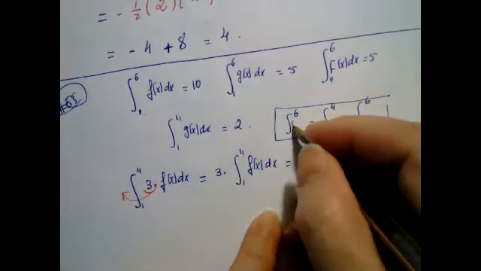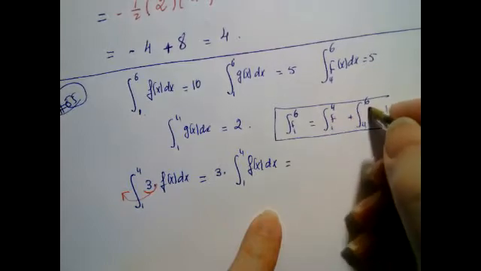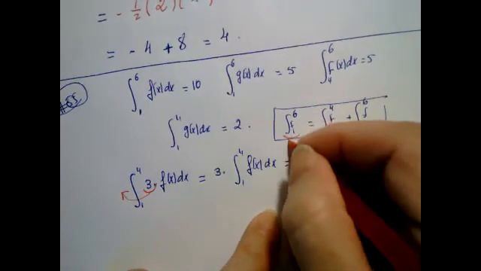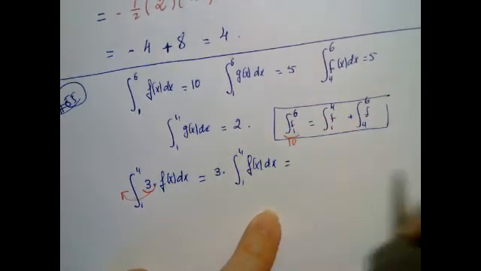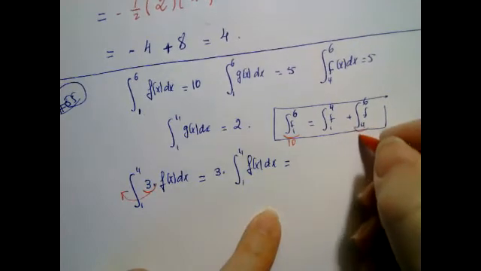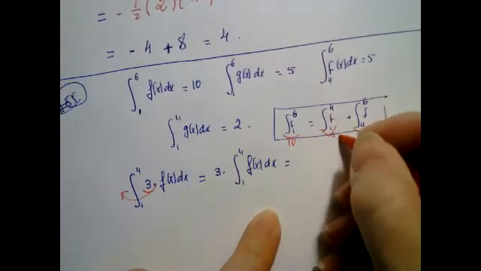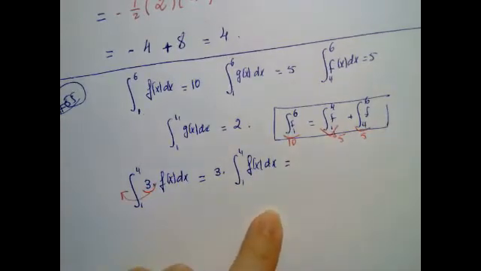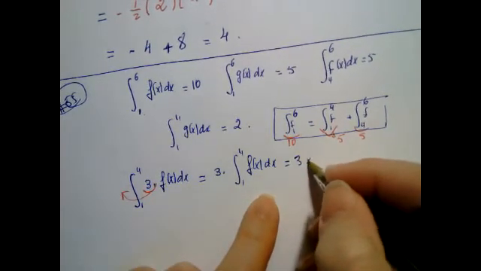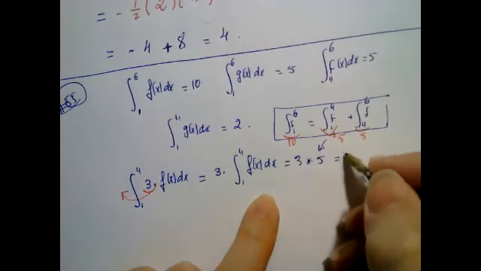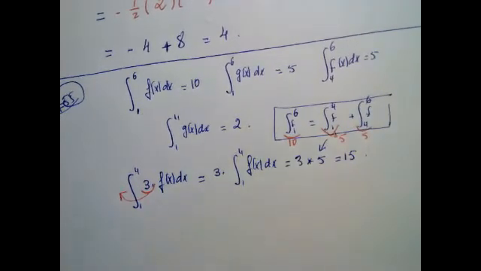And this is f. I'm being a bit sloppy here, but I hope you understand. So from 1 to 6, we split it. Now we know from 1 to 6 that this is 10. And we know from 4 to 6 that it is 5. So from 1 to 4, that should be a 5 as well. Okay, so it's going to give me 3 times 5, which is equal to 15.